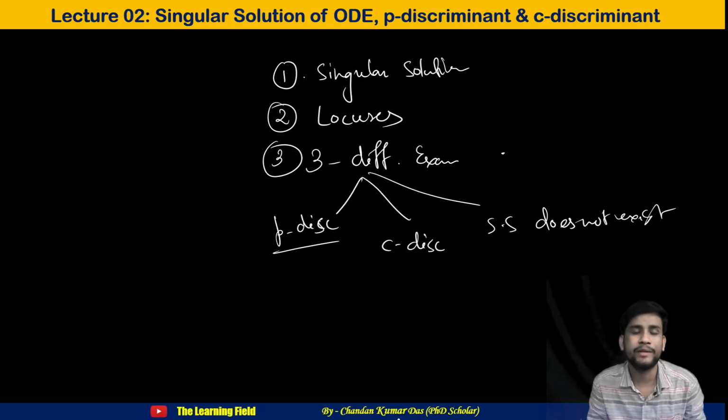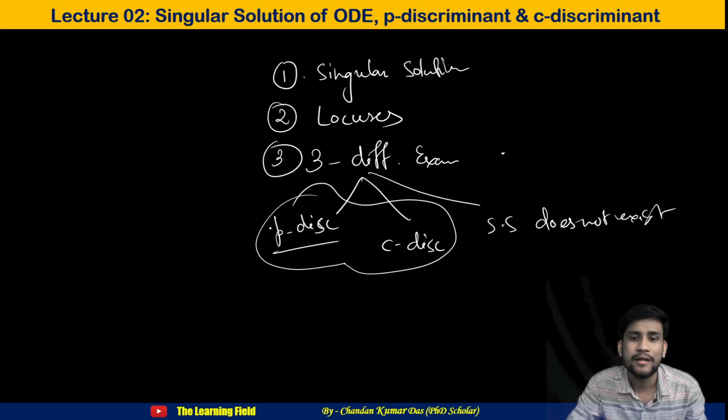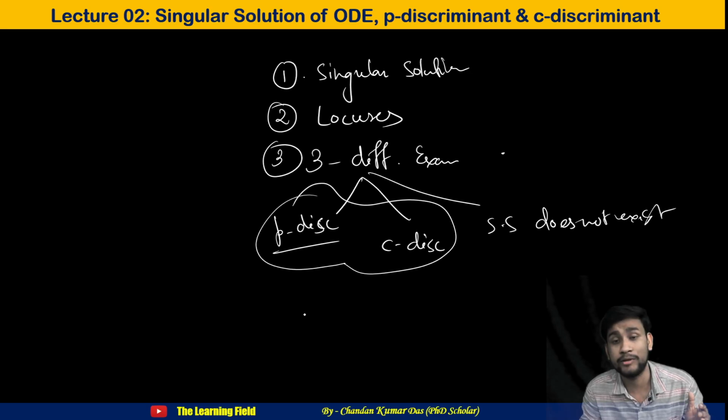How the P discriminant and C discriminant can be verified, I already showed in the first example. Fine. So this is a very beautiful topic for ordinary differential equations. You have to know this. What is a singular solution? How can you calculate the singular solution? These are very important things.